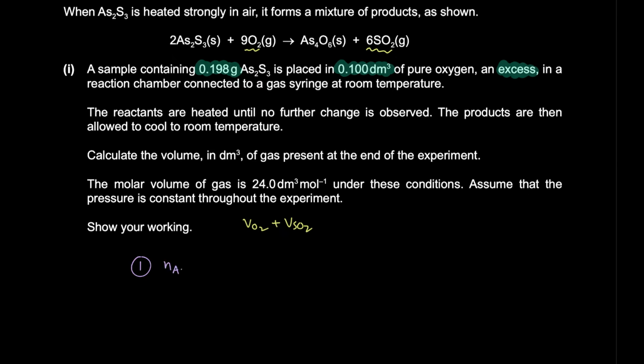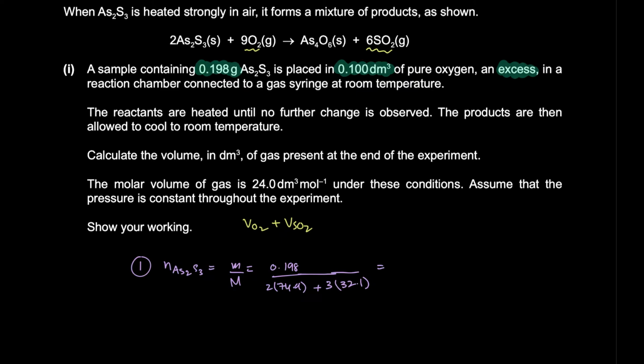So we can say that the number of moles of arsenic sulfide is equal to the mass divided by the molar mass. The mass is 0.198 grams, and the molar mass of arsenic over here is 74.9. So we have As2, so that's 2 times 74.9, plus we have 3 sulfurs here, so 3 times 32.1. So then how many moles do we get for As2S3?